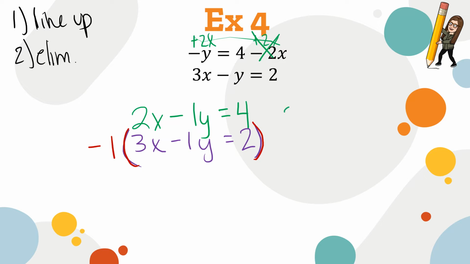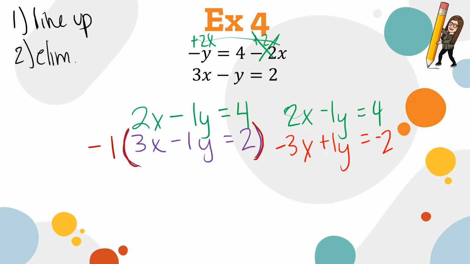So let me rewrite this system. The first one's going to stay as is. But now the second equation is going to look like this. I'm going to multiply every piece by negative 1. See what happened? Now when I do old school addition, 2 and negative 3 is negative 1x.